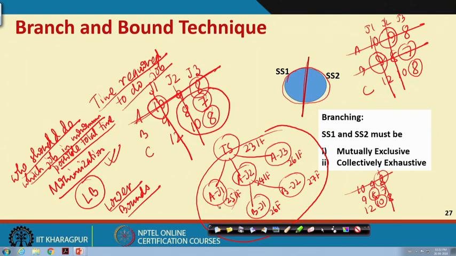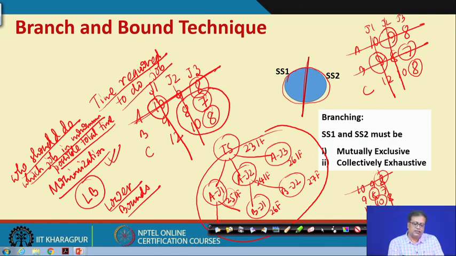Supposing arbitrarily, if we explore this further, we might find a value which is higher than 26. I am not doing it, but supposing I find 30 here and 31 here. Then you see, out of 30, 31, 26, 27 and 26 infeasible, the 26 feasible is the lowest and also feasible.